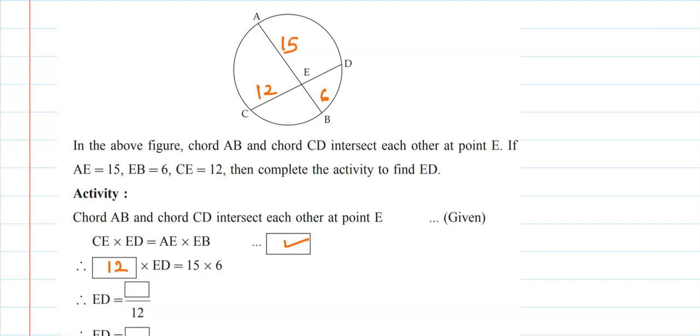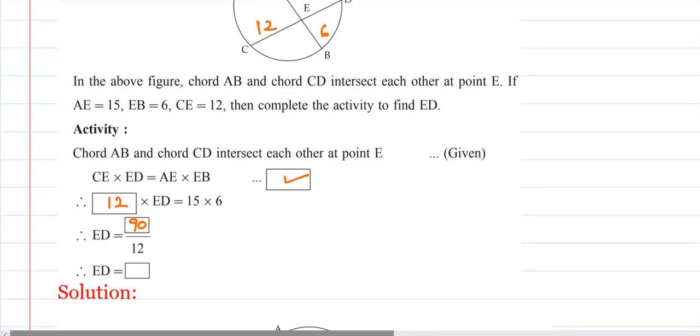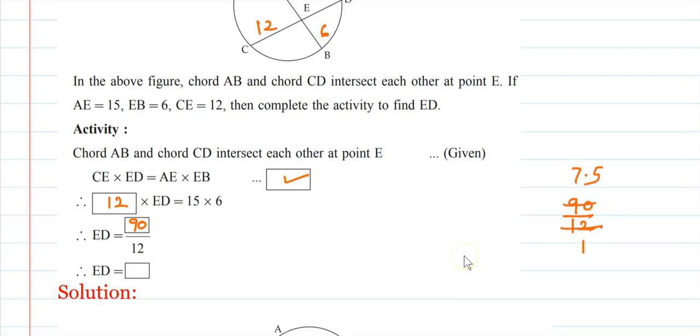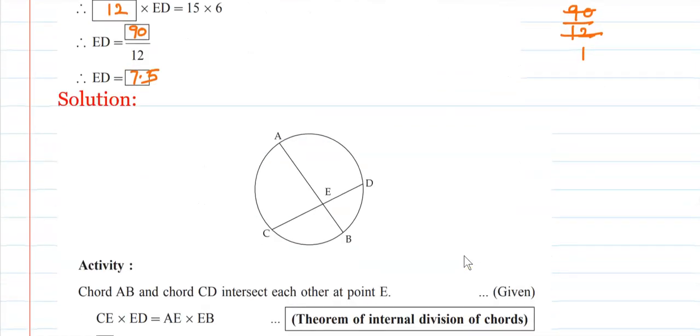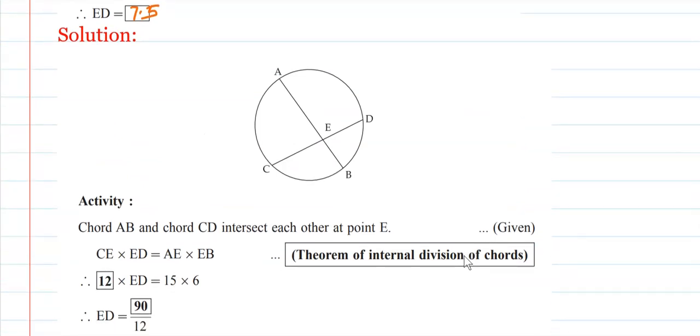Therefore, ED is equal to, multiplying these two, we get 90. And then you simplify it, that is 90 upon 12. Then you will get ED is equal to 7.5. Now you write the same answer here.